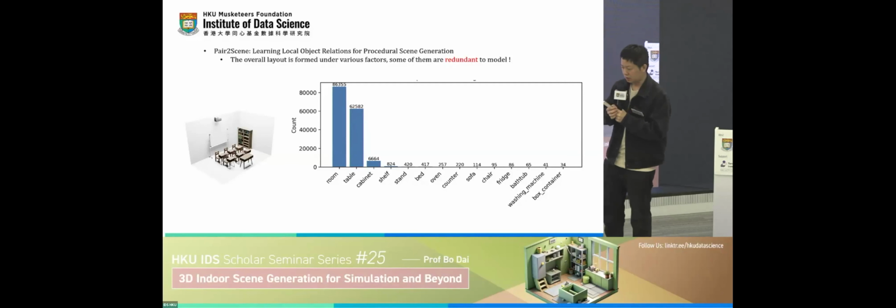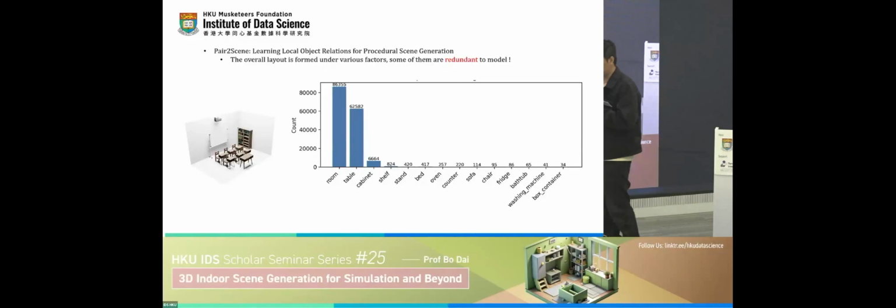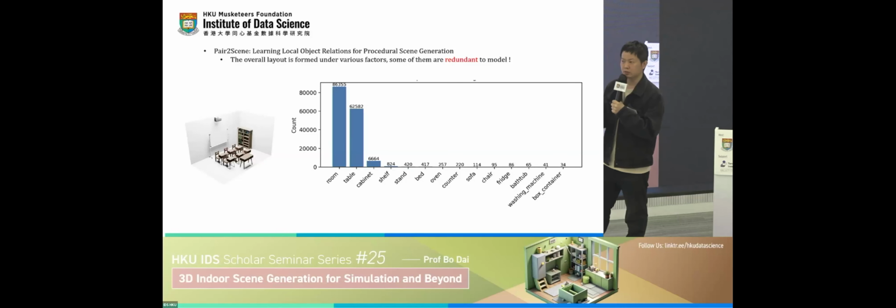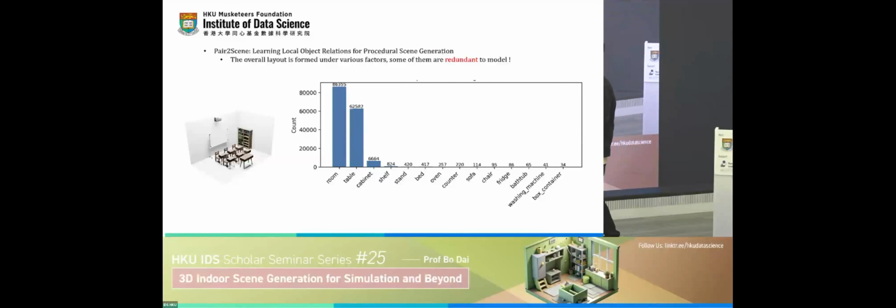For example, if we follow the top-down approach, we may try to remember that there's a pillow on the sofa in many cases in the training dataset, but in fact this is just a correlation, not a dependency or causal relationship. So we shouldn't let the model model this dependency.